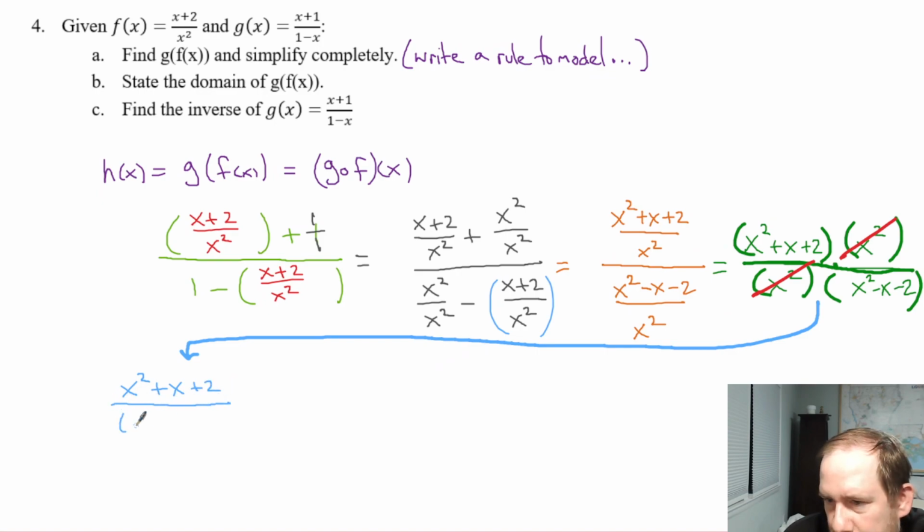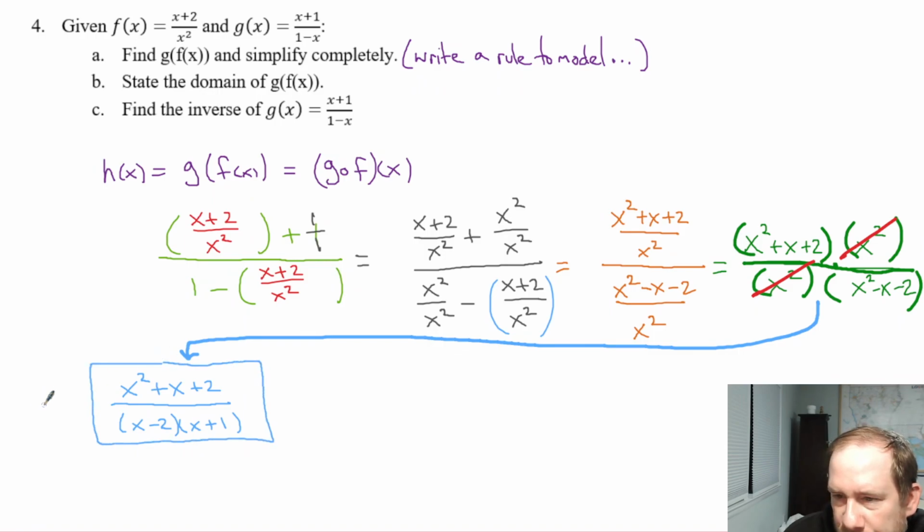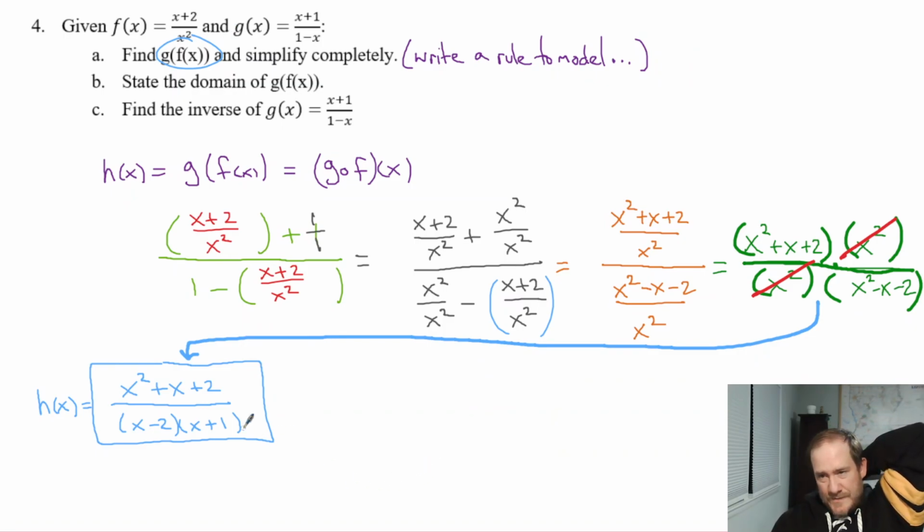The denominator is factorable: x minus 2, x plus 1. So we did it. That's our function h of x, where h of x is defined as the composition of those two things. I guess I simplified completely because the numerator didn't factor.